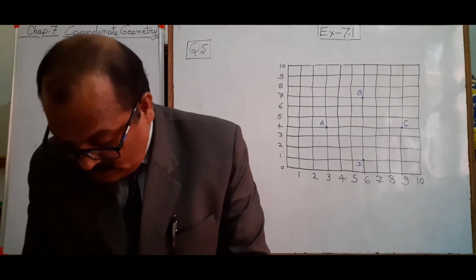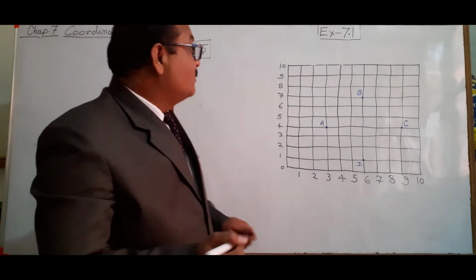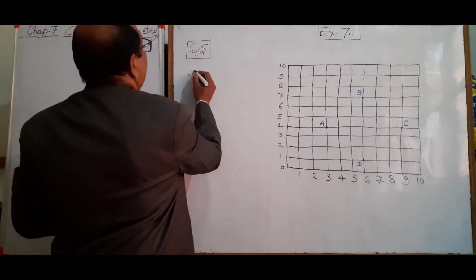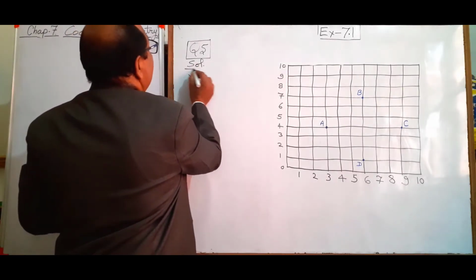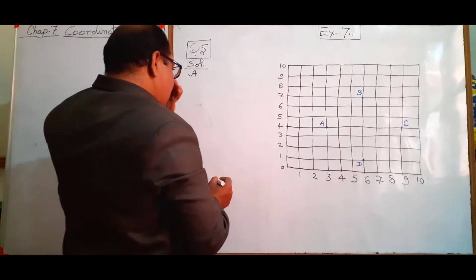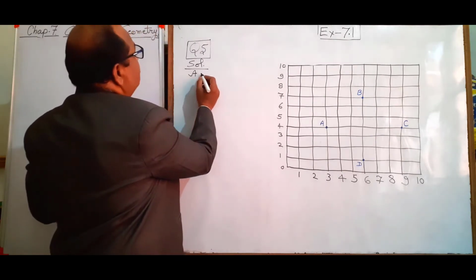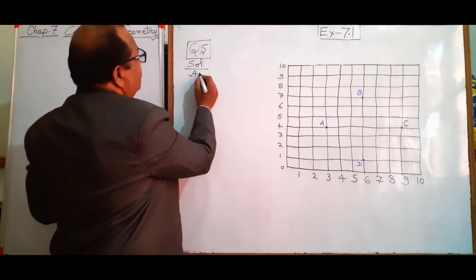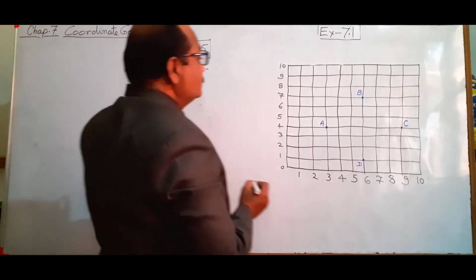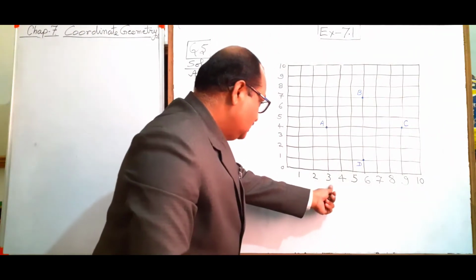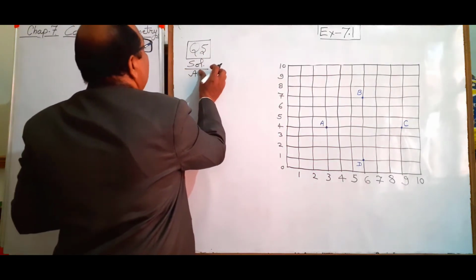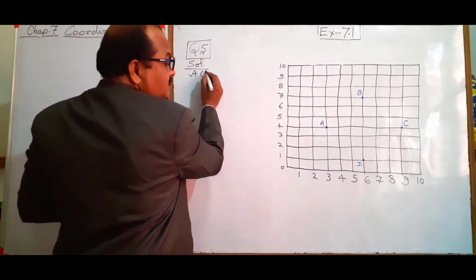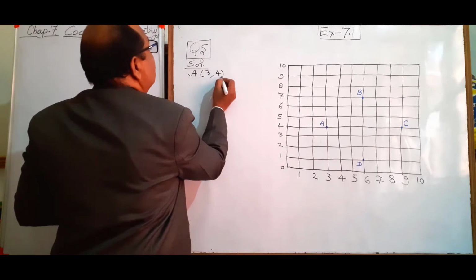For doing this question, first of all, we should write the coordinates of points A, B, C and D. So let us see, the coordinate of point A is 3 and 4. So coordinate of point A is (3, 4).